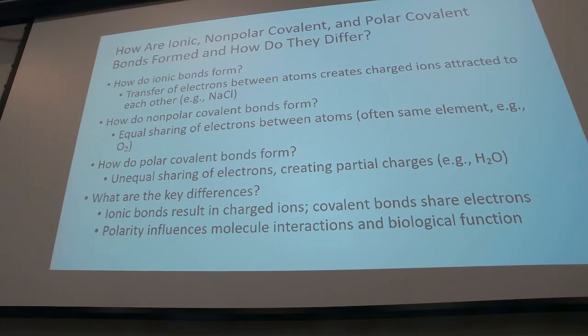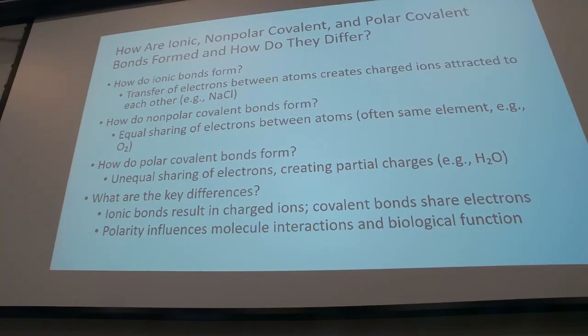Now, we have another type of bonding that is called covalent. And in covalent, you share electrons. So there is a physical and chemical bonding between these 2 atoms, because they have to get close physically in order to share these electrons.